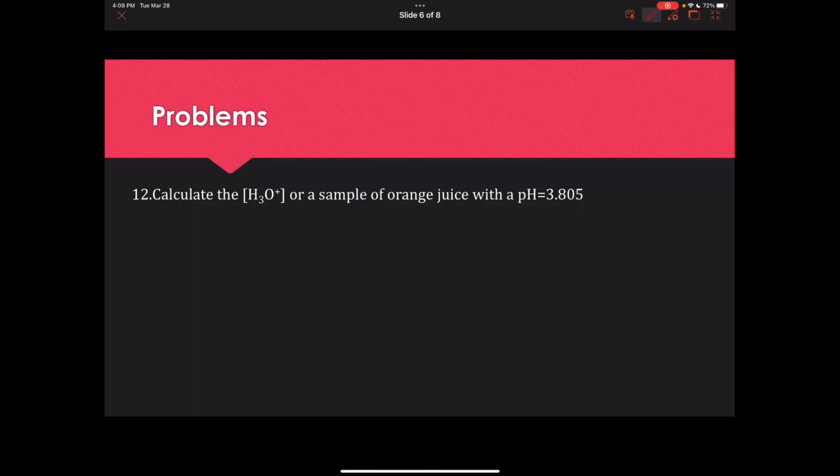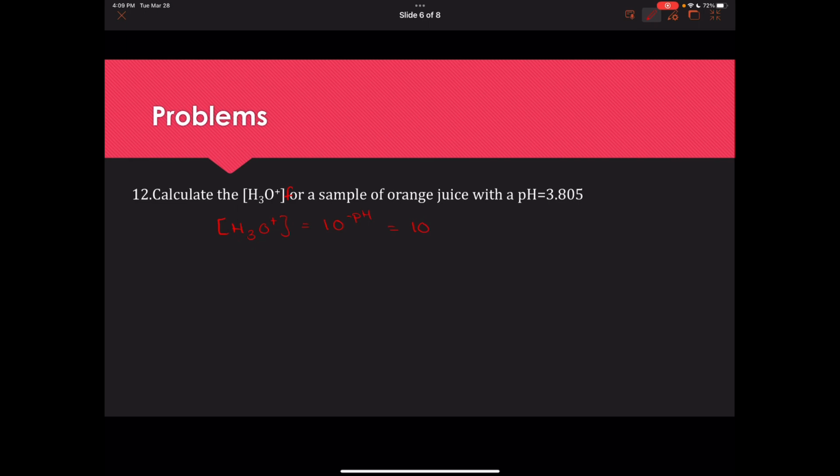Now, next we want to calculate the hydronium concentration for a sample of orange juice with a pH of 3.805. So again, we had that toolbox that we could pull from, and one of them had a relationship between pH and the hydronium concentration. The hydronium concentration is going to be equal to 10 to the negative pH.